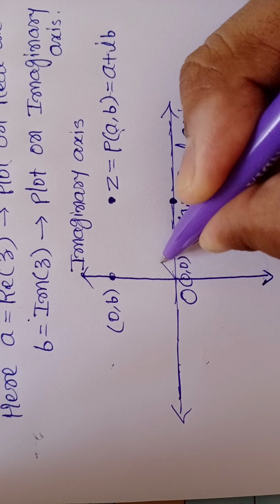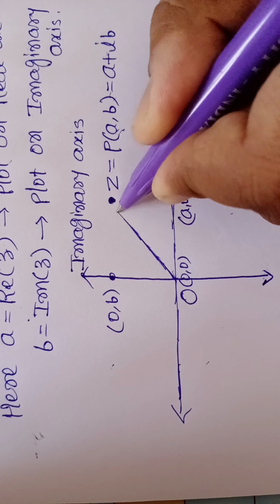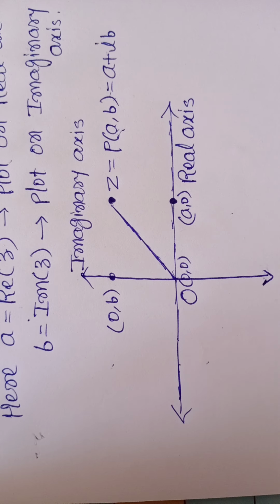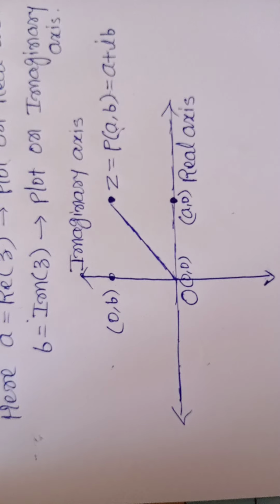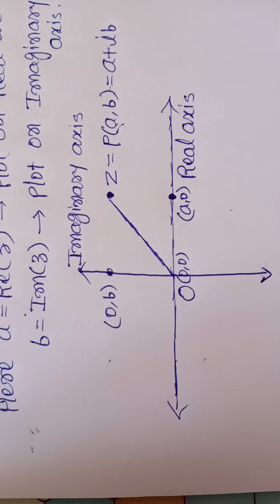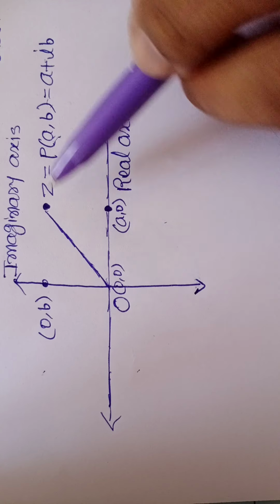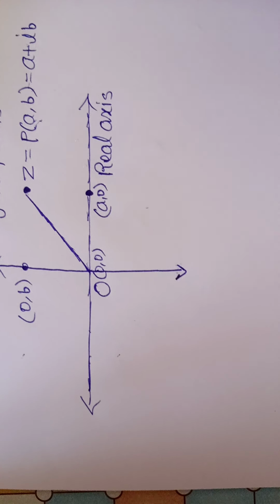Now from origin to this point, see here, this distance OP is called the modulus. We learned modulus in the previous lecture. What is modulus? Under root a square plus b square. Okay, this distance you may also find with the help of the distance formula.